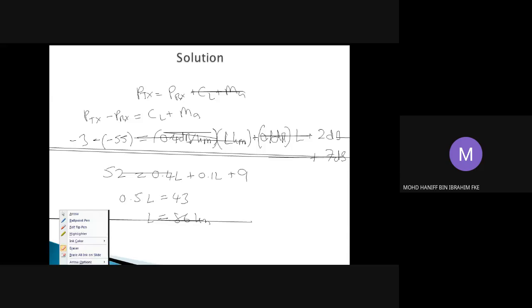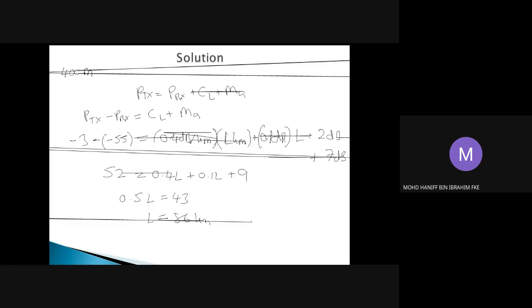We continue, or we repeat this method with the 400 megabit per second. So I just reuse the same answer here. I just change the data rate used. So it should now equal 400 megabit per second.